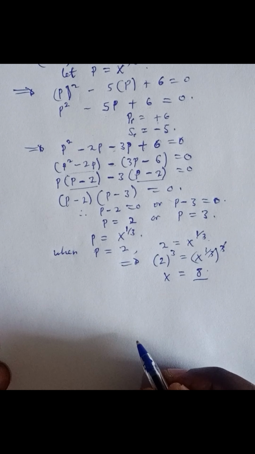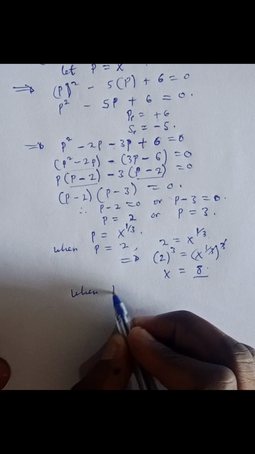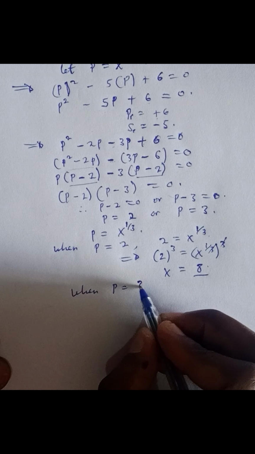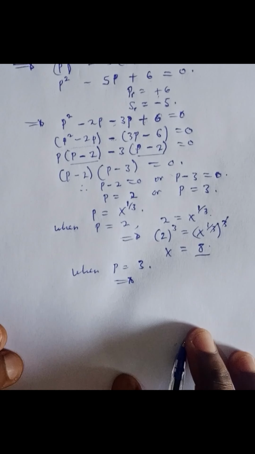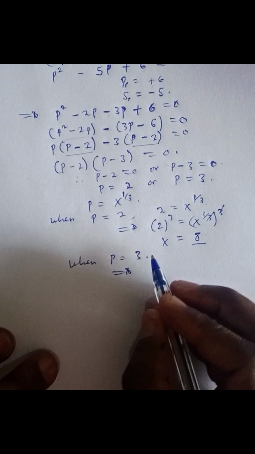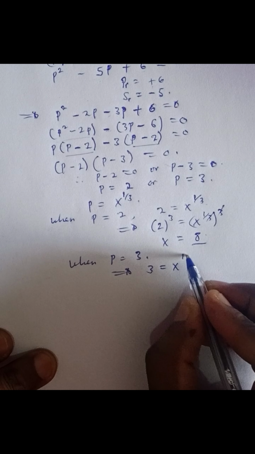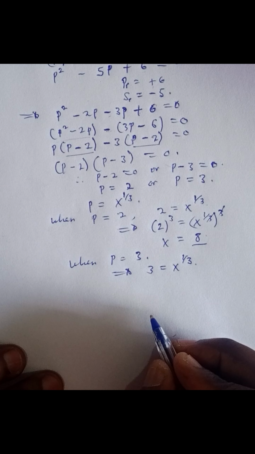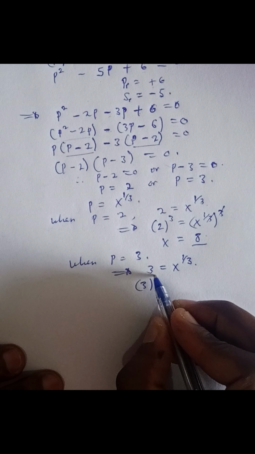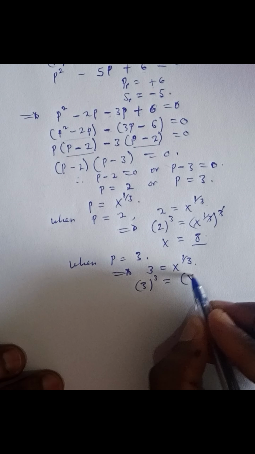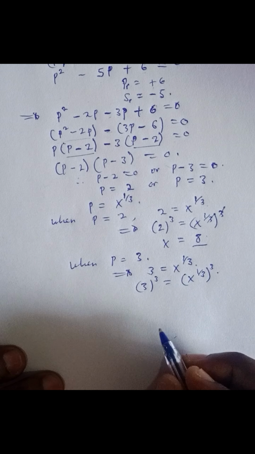Okay, that's one value of x. Again, when p equals 3, what happens again? It implies that we have 3 is equal to x raised to power of 1 over 3. Again, we cube both sides, so that we have 3 all raised to power of 3 equal to x raised to power of 1 over 3 all raised to power of 3 again.